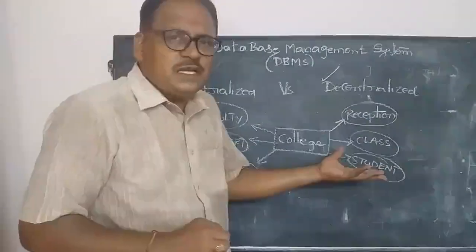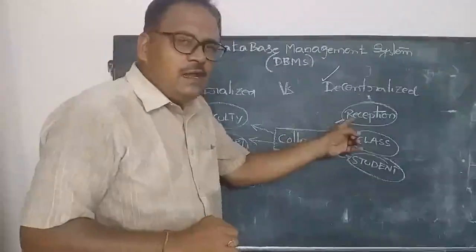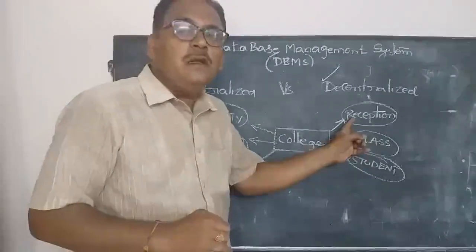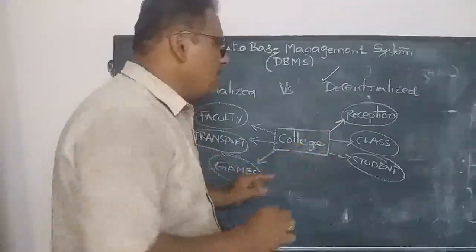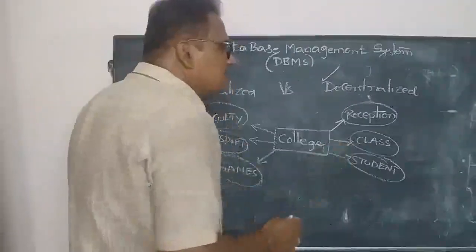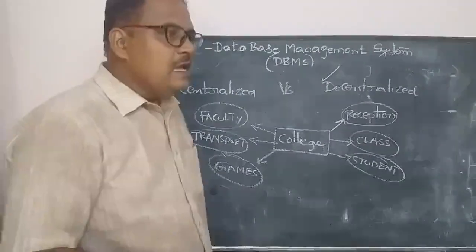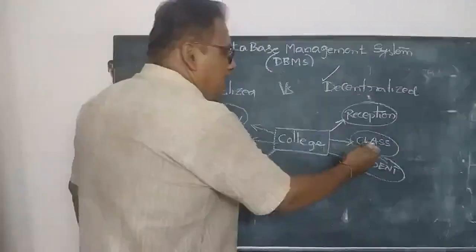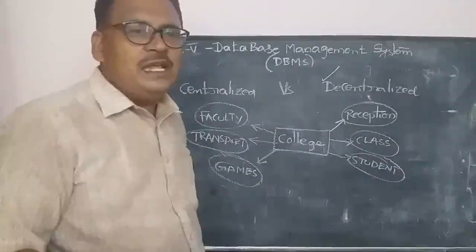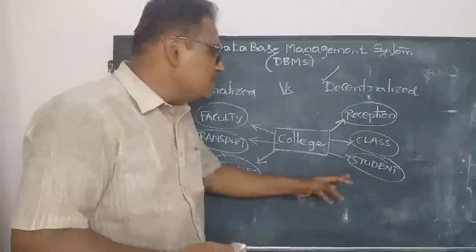Entities means sections, subsections. Reception maintains the admission particulars of students, and the class maintains the classes, timetables, etc. And the student entity maintains the biodata of the students.